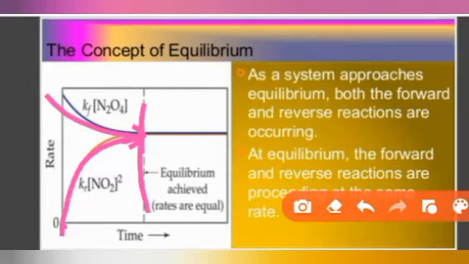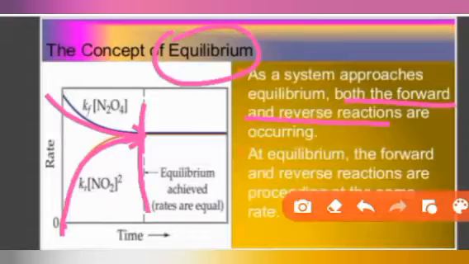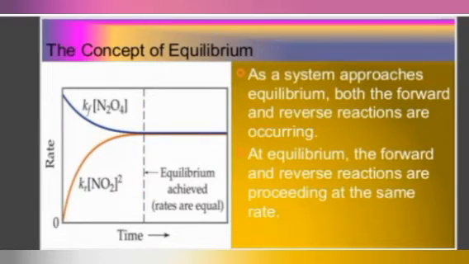At that position it is called the equilibrium stage. When both the forward and reverse reactions are occurring, that point is called equilibrium. At equilibrium, the forward and reverse reactions are proceeding at the same rate.